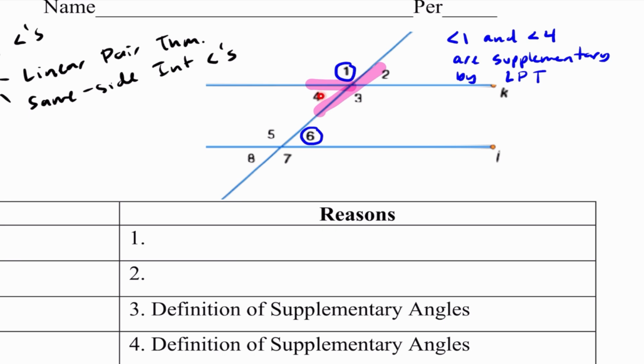And now I look at angle 4 and angle 6. These two angles are inside of the two lines, and they are on opposite sides of the transversal. So we can say that angle 4 and angle 6 are alternate interior angles.